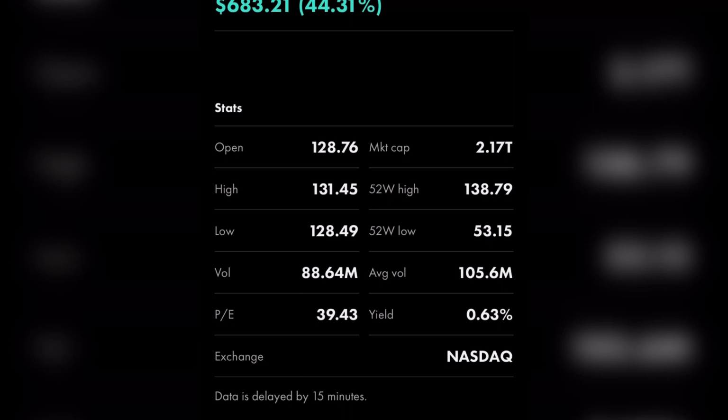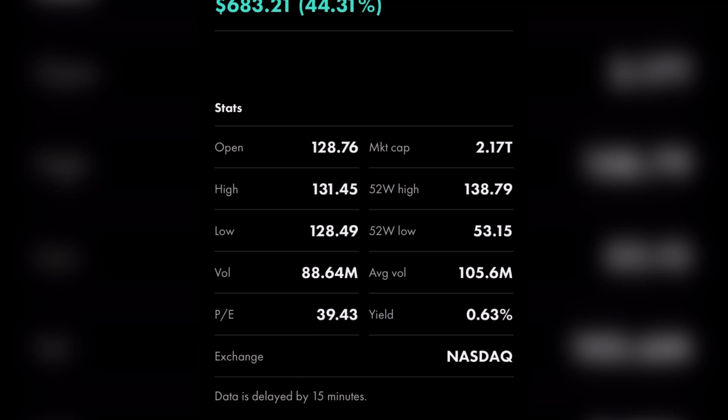So investors have put a total of $2.17 trillion. That's a huge market cap. Now the 52-week high is the highest it's reached in a 1 year calendar. So it reached 138.79 in the calendar year. And the 52-week low was 53.15 at its lowest of the year. So definitely a good gain.